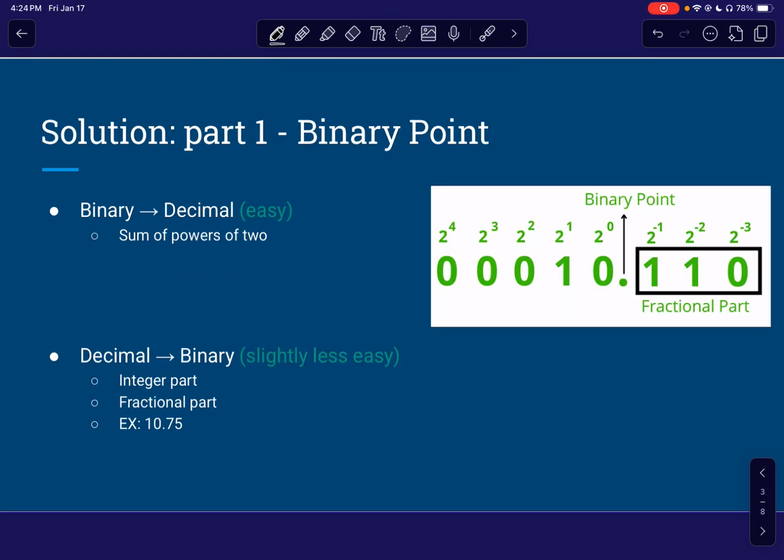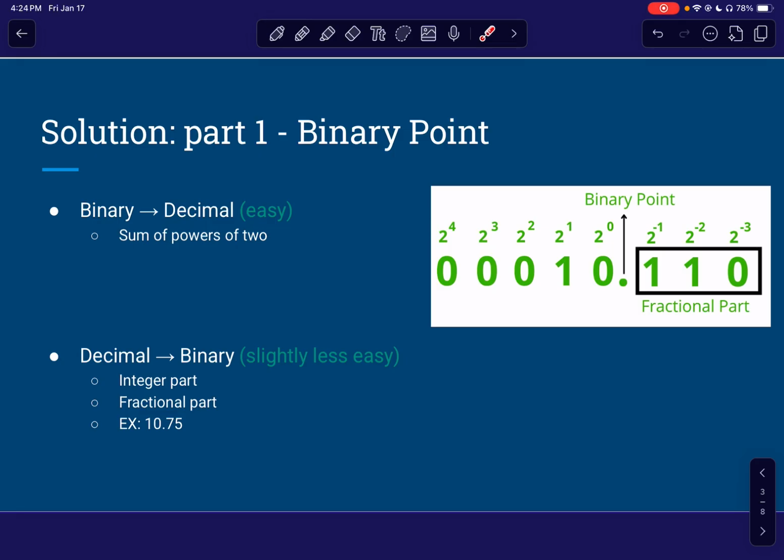Looking at this on the right, it's the same sort of setup that we've had before, where we have sums of powers of 2: 2 to the 0, 2 to the 1, 2 to the 2, 2 to the 3, and so on. Same thing going the other way to the right of the binary point. We call this a binary point. It's like a decimal point, but because we're in base 2, we call it a binary point.